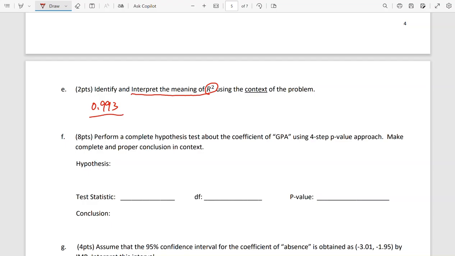Some of you just say, okay, from this R squared, it shows a strong linear relationship. That is not the interpretation of this value. It just tells you what happened. So what does this value mean? That means 99.3% of the observed variation in Y can be explained by the predictors.